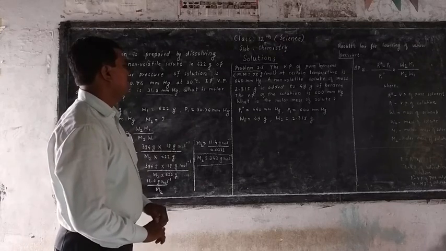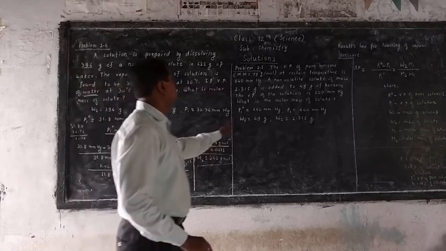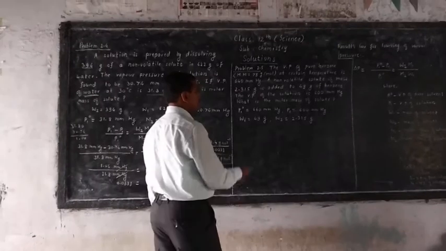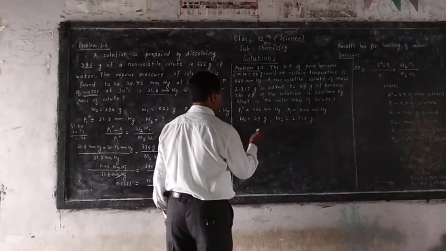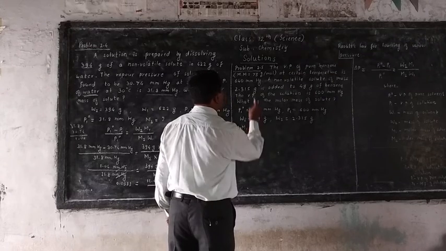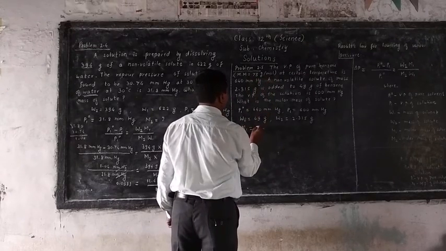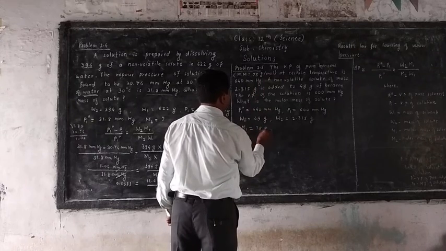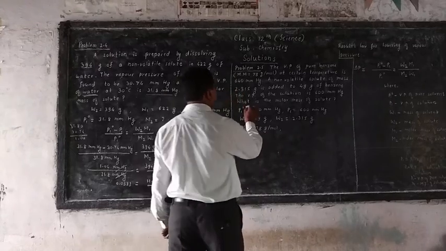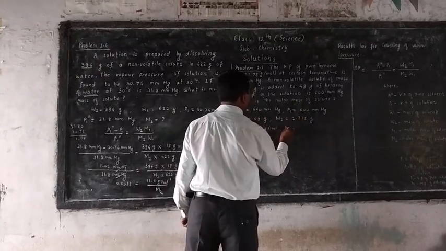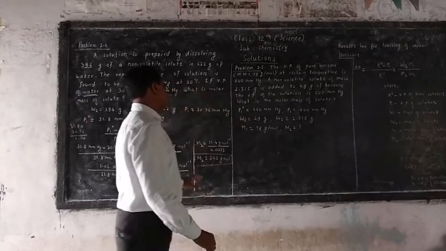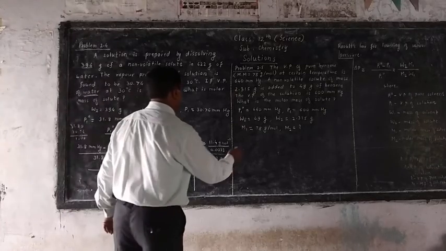Okay. Now we have to find out the molar mass of solute, which means we have to find out M2. So what is M1 here? Molar mass of benzene is 78 gram per mole. We have to find the molar mass of solute, so this will be M2.